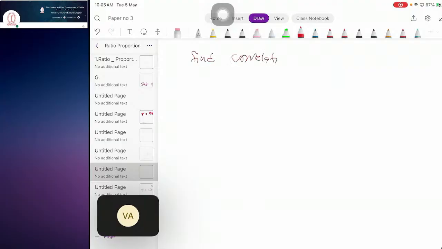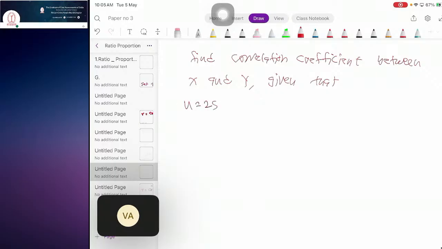Find the correlation coefficient, means Karl Pearson correlation coefficient, between x and y, given that n is 25, means there are 25 observations.